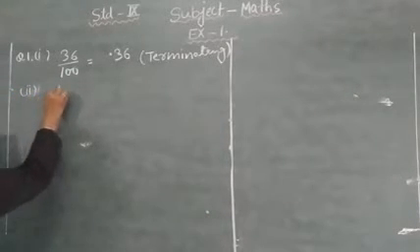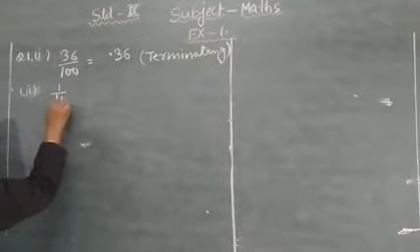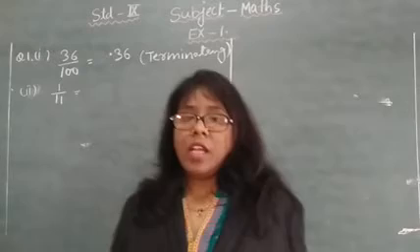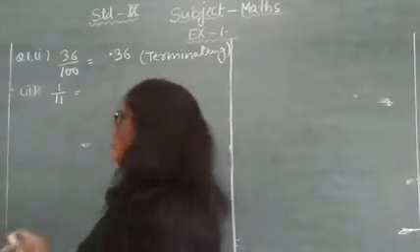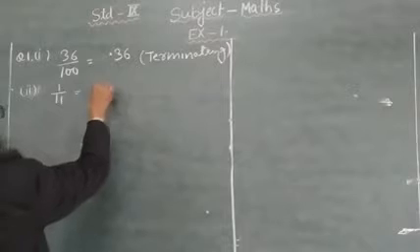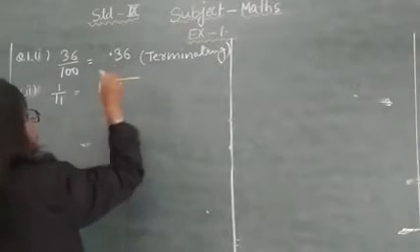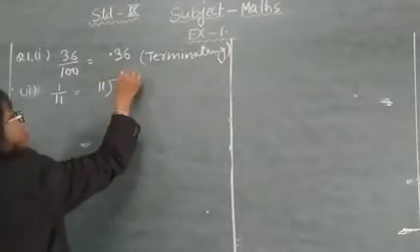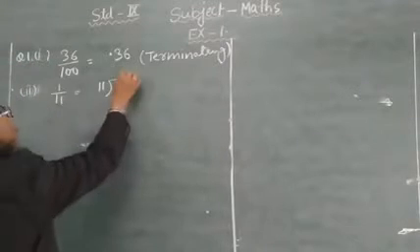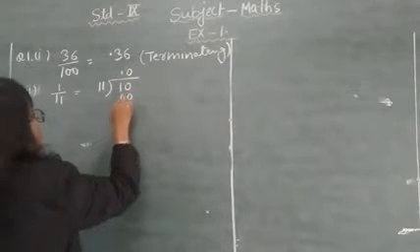Now come to the second one. This is 1 upon 11. We have to simply use the division method and find out whether it is terminating or non-terminating. So 11 is the divisor, 1 is the dividend, put a decimal here, 0. Then 10 cannot be divided by 11, so we put another 0.